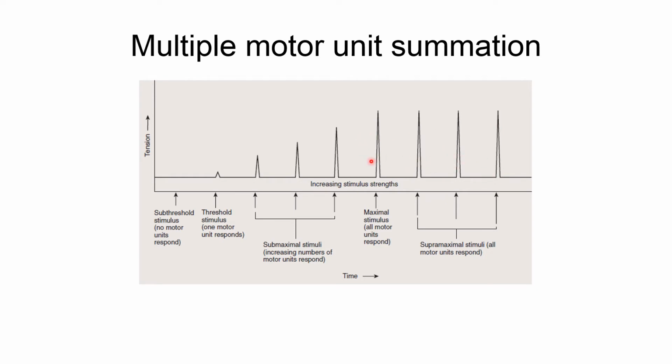There is no difference between the two types of stimuli, because at maximal level all the motor units of a single muscle are working, and in the case of supramaximal it is not recruiting new motor units, because they are all already contracted, so there is no more production of force.